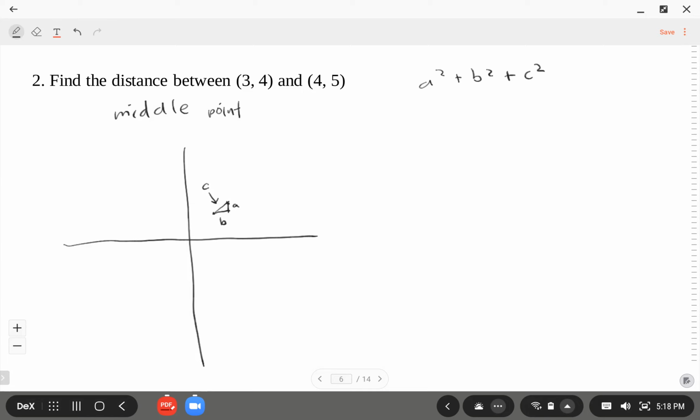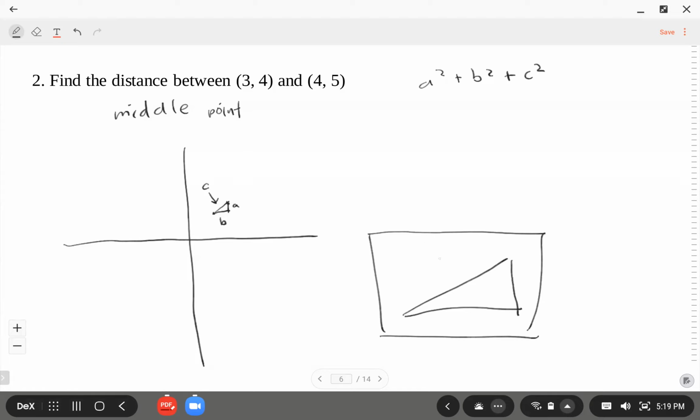So let me get a larger scale version of this. This is our triangle. This will be easier to work with. This is c, a, and b.